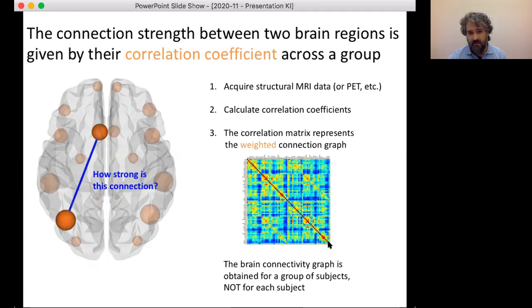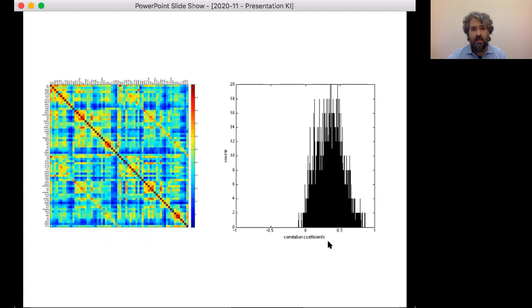Notice that we have set the diagonal to 0. And this will have a lot of weights, which, since they are correlation coefficients, go from -1 to 1, and they form a histogram like this one. Now, we can analyze this matrix, but it's very complex to analyze because it's weighted.